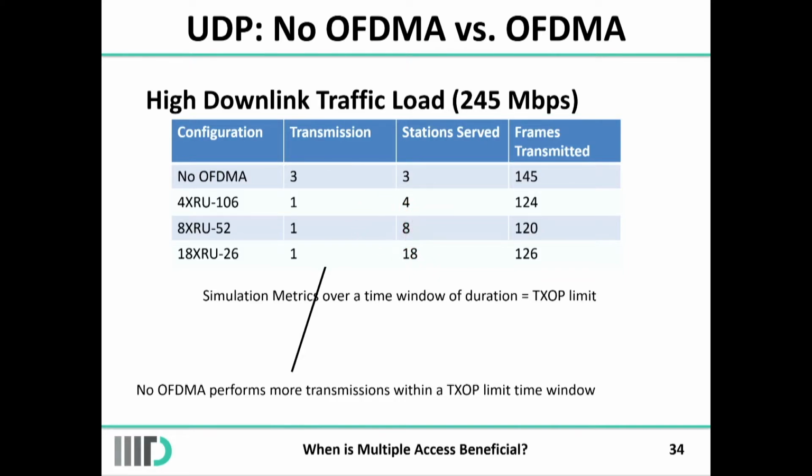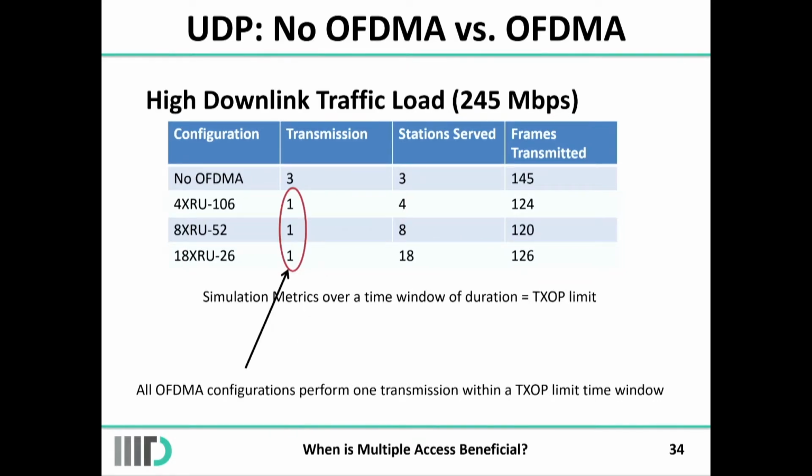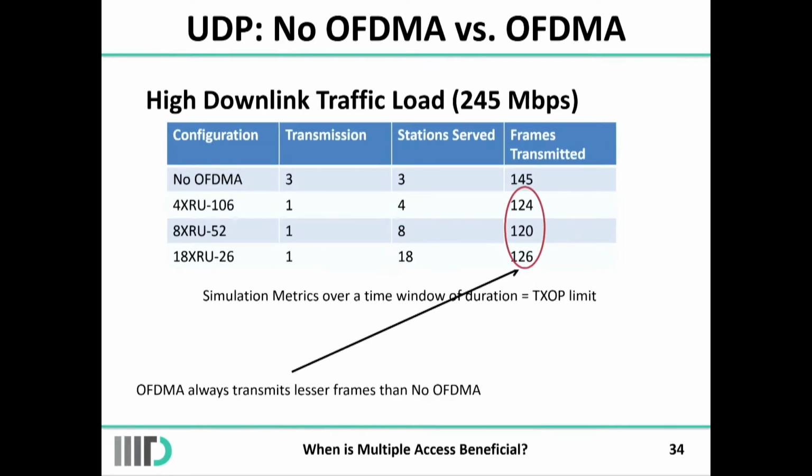Now, if you see the number of frames transmitted, you see that the total number of frames transmitted with non-OFDMA is higher than the other counterparts. And this is the reason you get higher throughput for non-OFDMA in high traffic load, because ultimately you end up serving more number of frames.